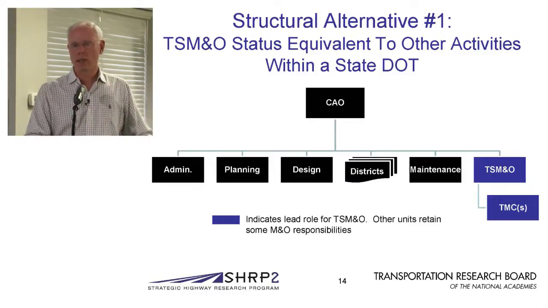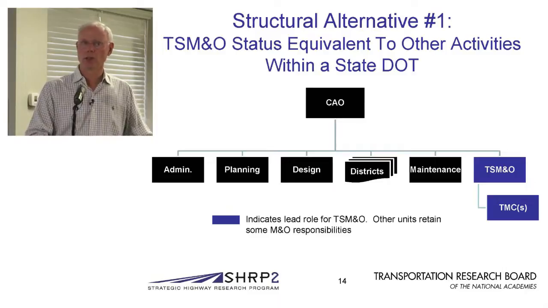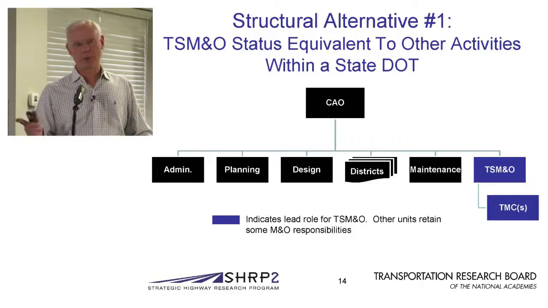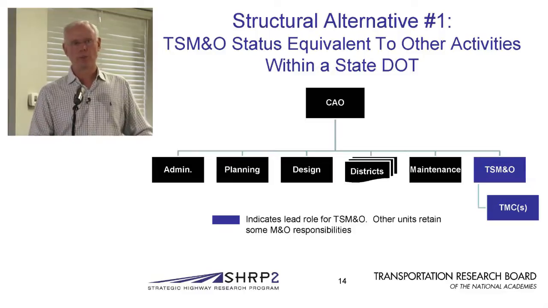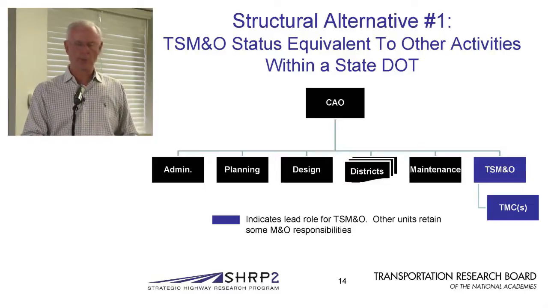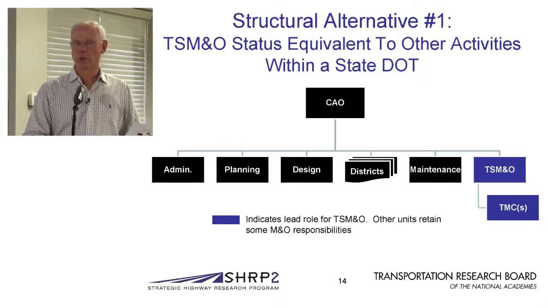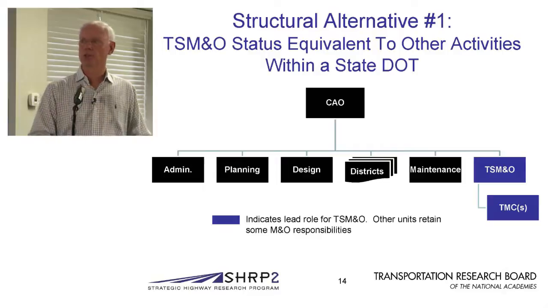I call it an idealized structure because I don't believe there's any structure just like this anywhere, in large part because when you put all those people at the same second level, that becomes a lot of people reporting to that CAO up at the top. So it's not typically practical that you'll see an organizational structure this way. We show it to convey the notion that when we talk about TSM&O as a program, we want to give it the same visibility, the same structure, if you will, as these other DOT functions.